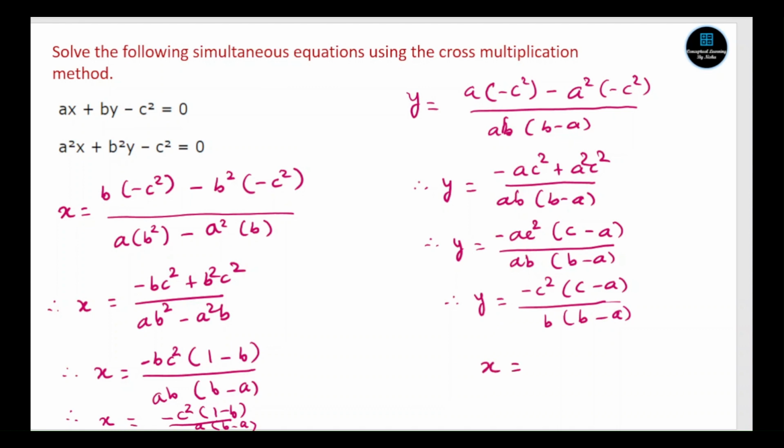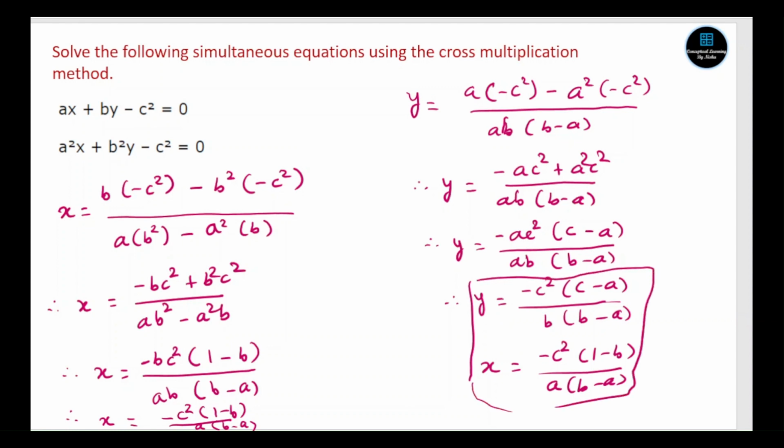Let me write the x value also here. x equals c square over 1 minus b over a into b minus a. So this is my solution. Perfect. Alright.